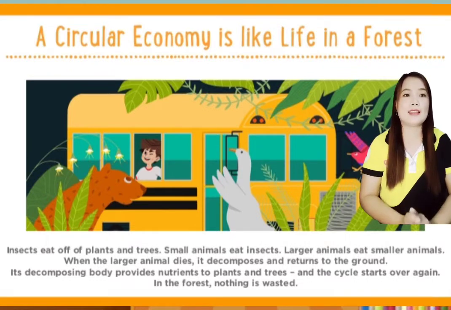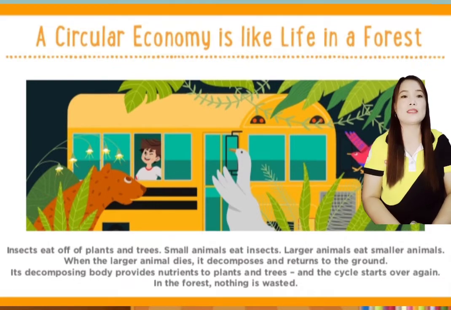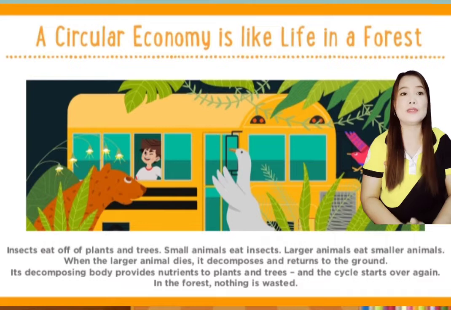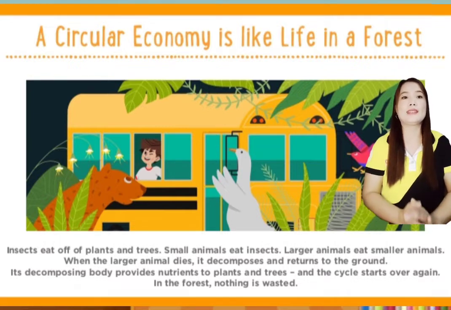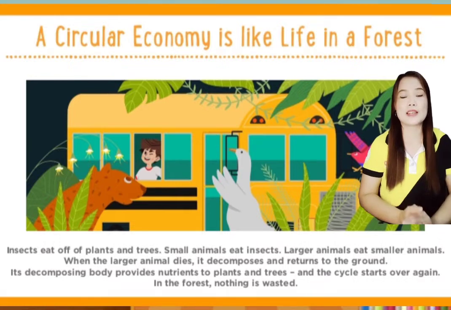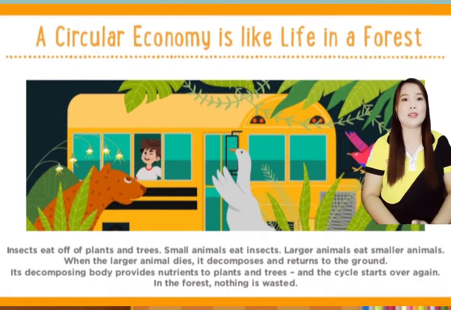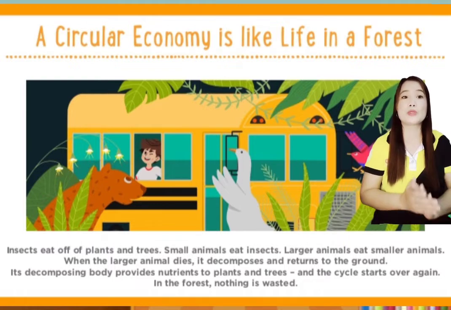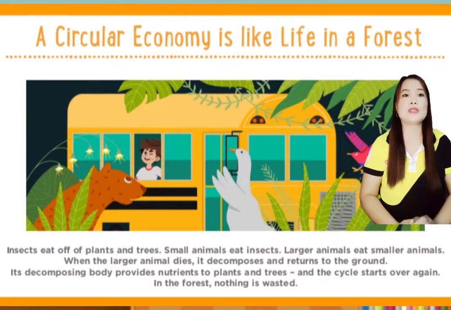When a snake dies, it decomposes and returns to the ground. Its decomposing body provides nutrients to the soil that allows trees and plants to grow. The cycle starts all over again. So, you see, in the forest, nothing goes to waste. This is similar to what a circular economy aims to achieve.